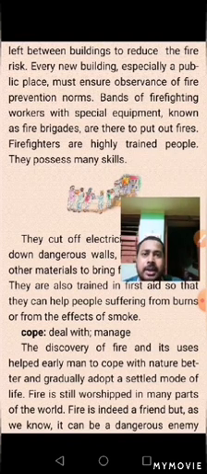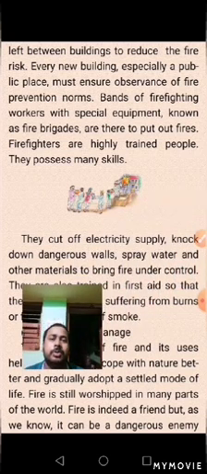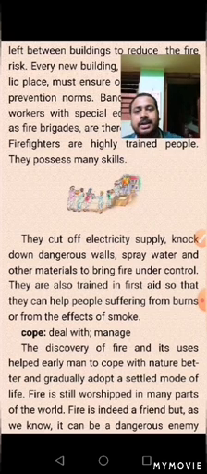The bands of workers who fight to put out fire are called fire brigades. They are trained people, they possess many skills, so they are called to put out fire.